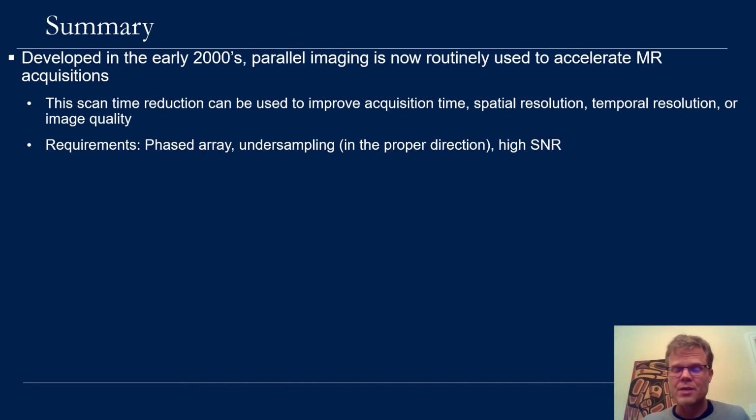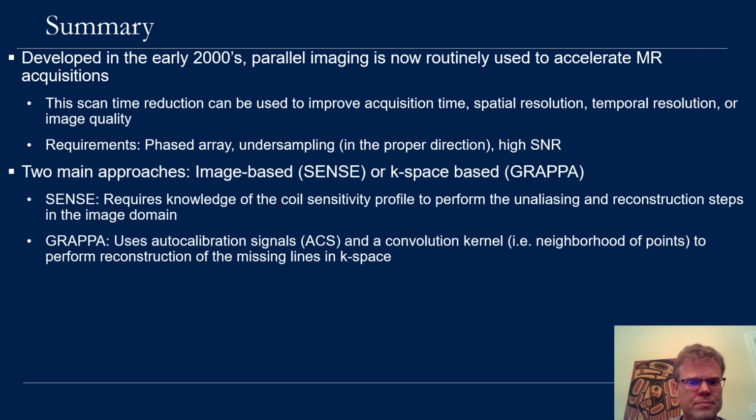It needs undersampling, and we need to match the undersampling with the direction of the elements in the phased array coil. And we need to start off with high SNR so that when we shorten the acquisition and lose SNR, and maybe lose a little SNR due to the G factor penalty, we still have enough SNR in our images.